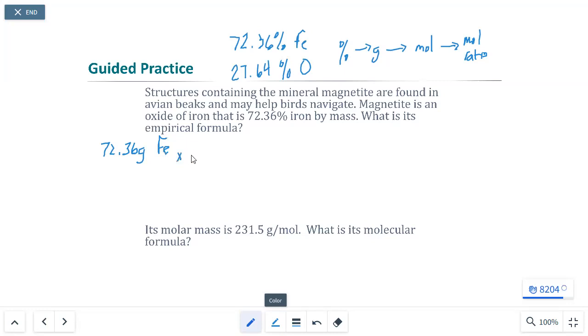And we're going to turn it into moles using its molar mass. 55.85 grams of iron in every 1 mole of iron.